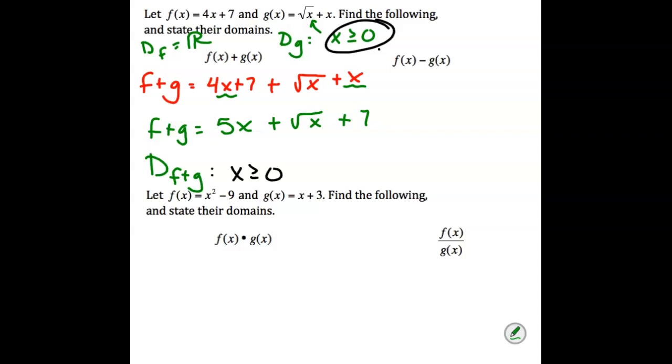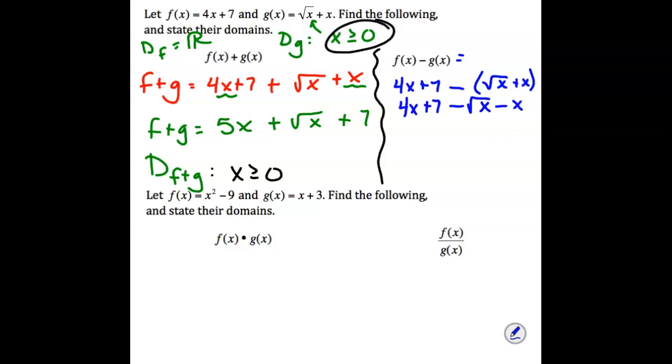Okay, let's subtract. Again, we have to watch the subtraction of the whole function. So f minus g, we take function f, 4x plus 7, and we subtract all of g. So we get 4x plus 7 minus the square root of x and minus an x when we distribute that.